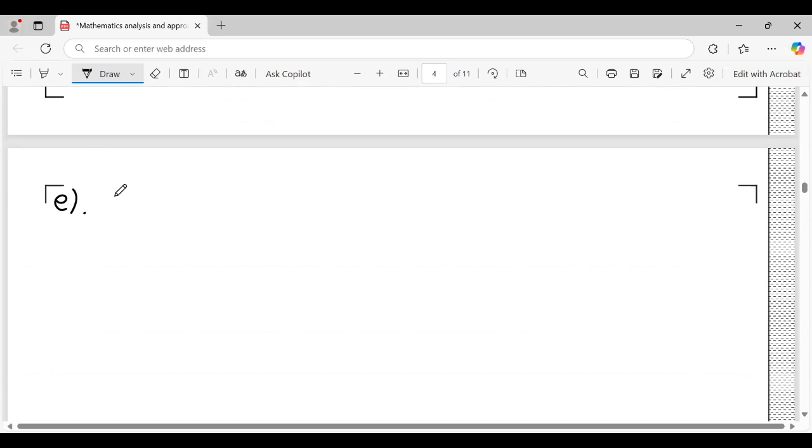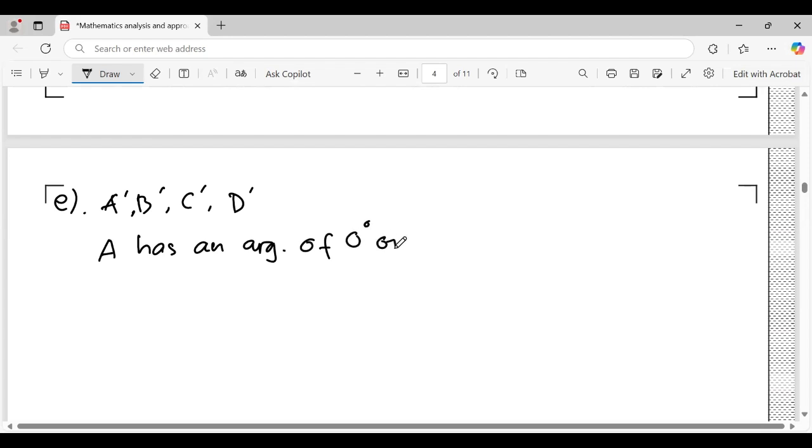The points AX, BX, CX and DX form a square inscribed in a circle, with square vertices ABCD. The arguments of the square's vertices are: A has an argument of 0 degrees, or 2 pi.